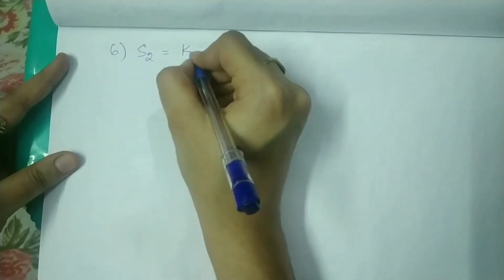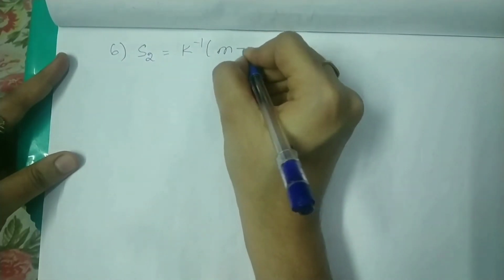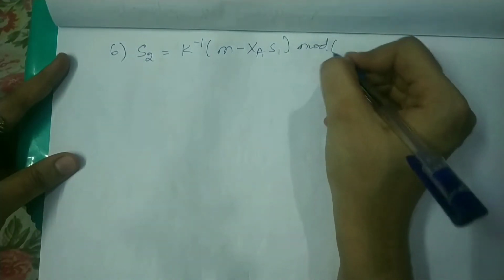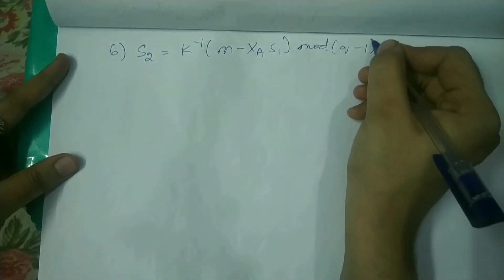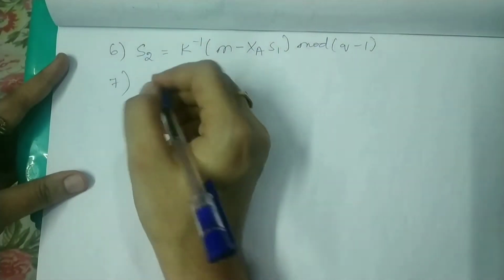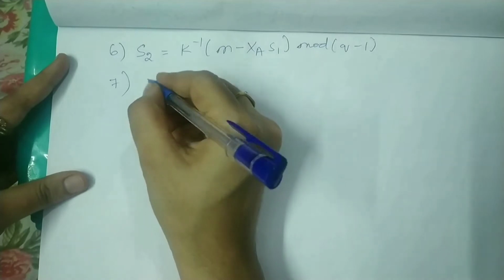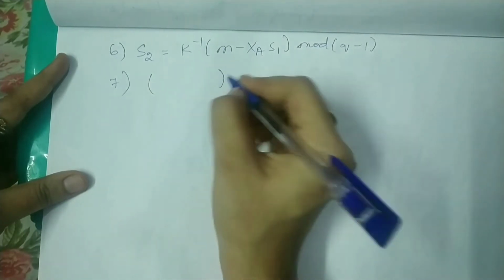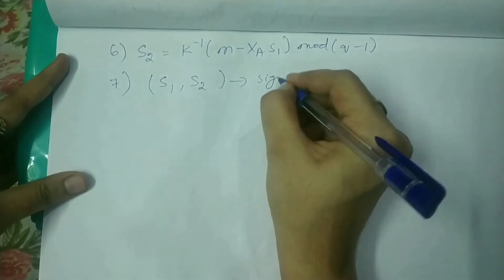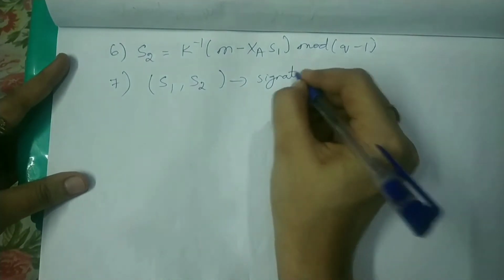It is K inverse into M minus XA S1 mod Q minus 1. This is the formula for finding S2. So after finding S1 and S2, we need to write the signature pair inside the brackets, S1 comma S2. This is the signature pair.